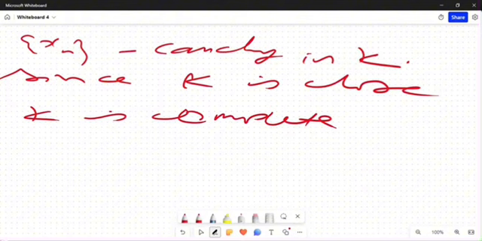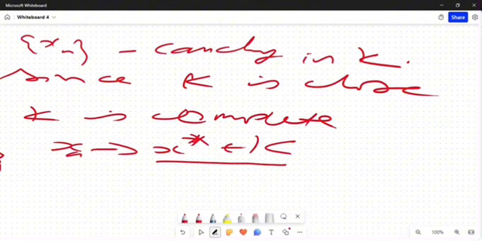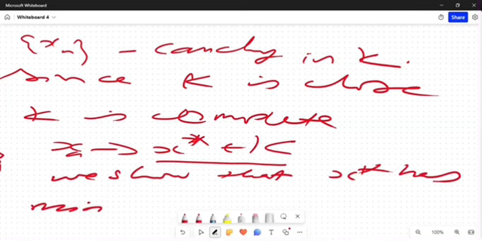Now, since xn is a Cauchy sequence, you can as well say that xn converges to x star in K. So our job now is to show that x star has minimum norm.